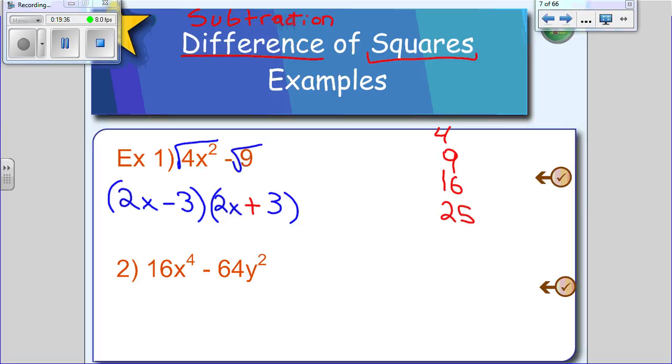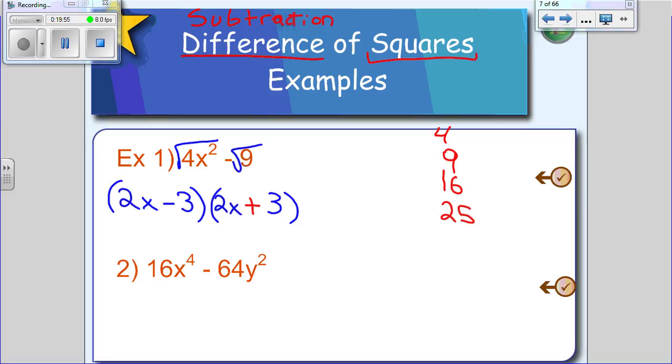And if you're not sure, you could multiply them together and you should get the same thing back. So why does the 2x stay the same? Good question. What you'll notice is, remember the term conjugate? Remember how we talked about that before?